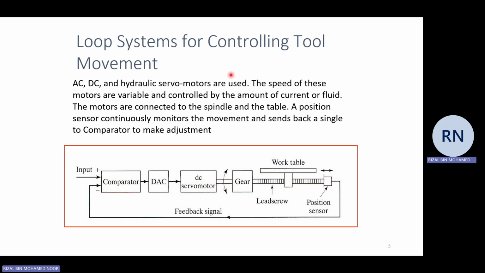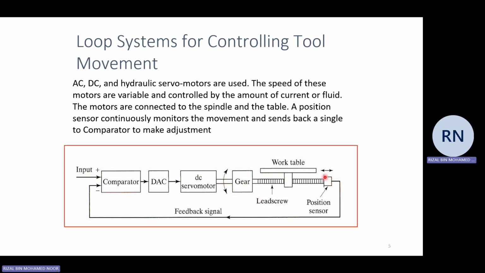And for the loop system controlling the tool movement, we use AC and DC hydraulic servo motors, and the speed of this motor will be varied and controlled depending on the current and fluid. The input goes to the comparator and is directly sent to the DAC and servo motor, and it will activate the gear system, and it will activate the ball screw or lead screw movement and finally translate to the movement of your work table.